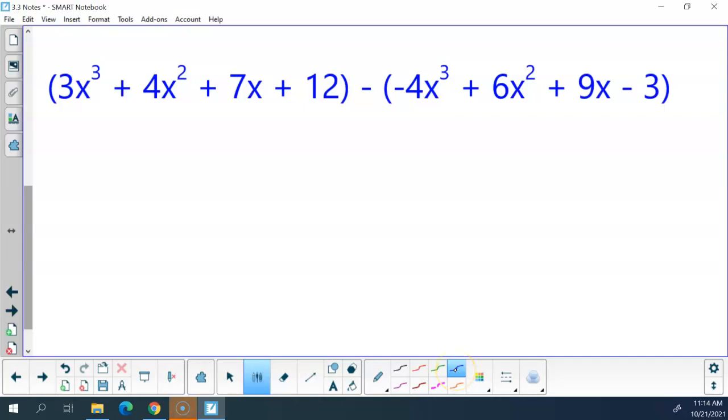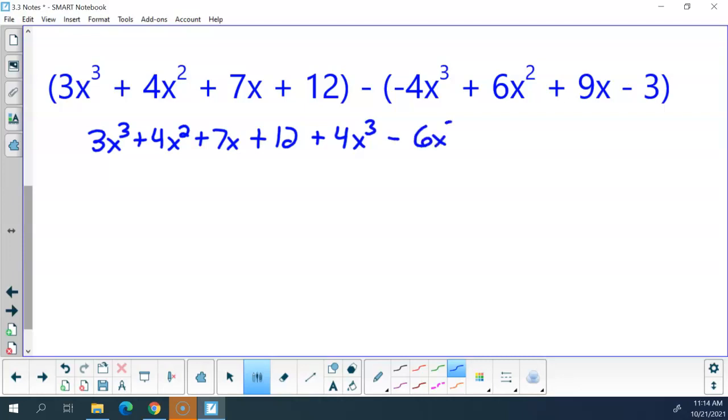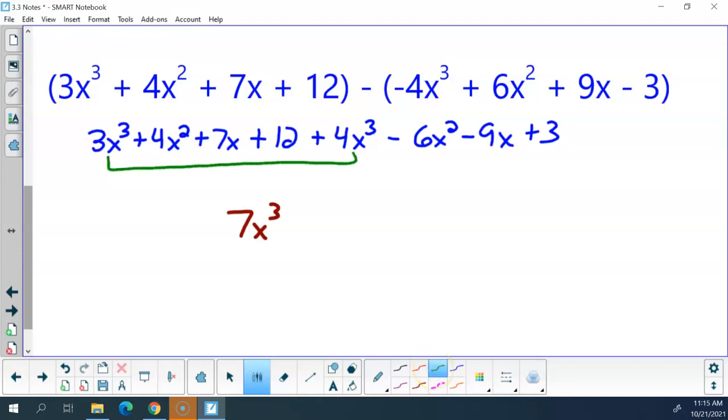In a subtraction problem, remember that it might help to rewrite it. First one stays normal, but I've got to change all of the signs in the second one. Let's see, I got 7x cubed. I got negative 2x squareds.